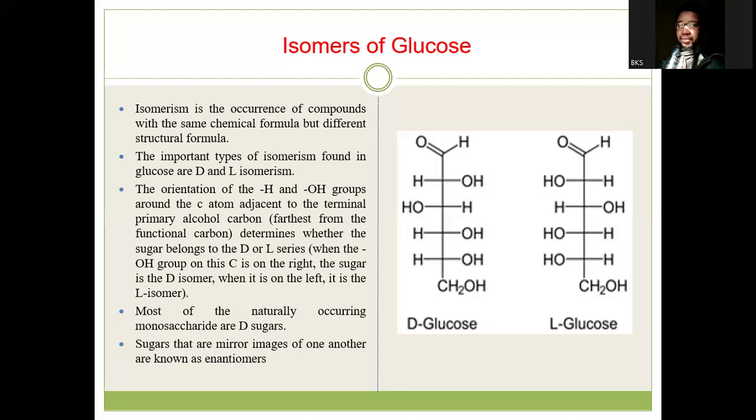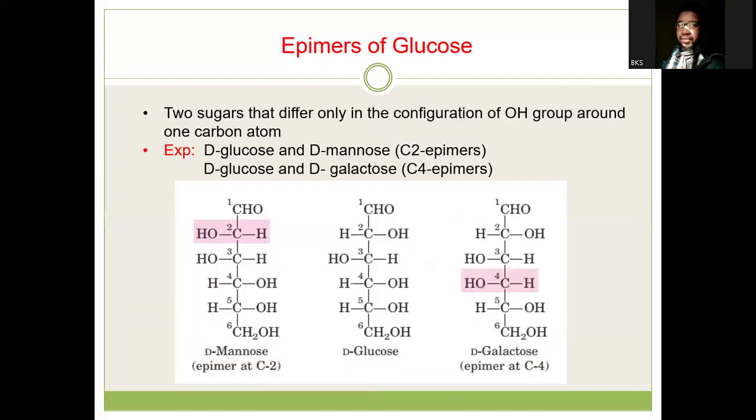So glucose solution is dextrorotatory. It rotates the beam of polarized light towards the right. In fact, this is one of the reasons why glucose solution is referred to as dextrose in clinical terminology. You call it dextrose simply because of this phenomenon.